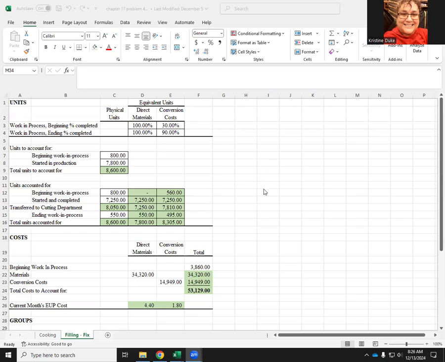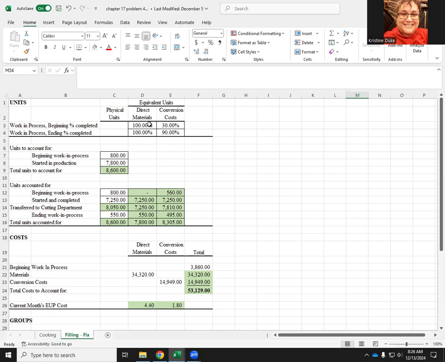And normally what we do is we do these in batches. We add the materials and then we have the conversion costs. Conversion costs are direct labor and factory overhead. And so what we do with this is we come in here and we determine, one, what percentage are we done with this batch process.